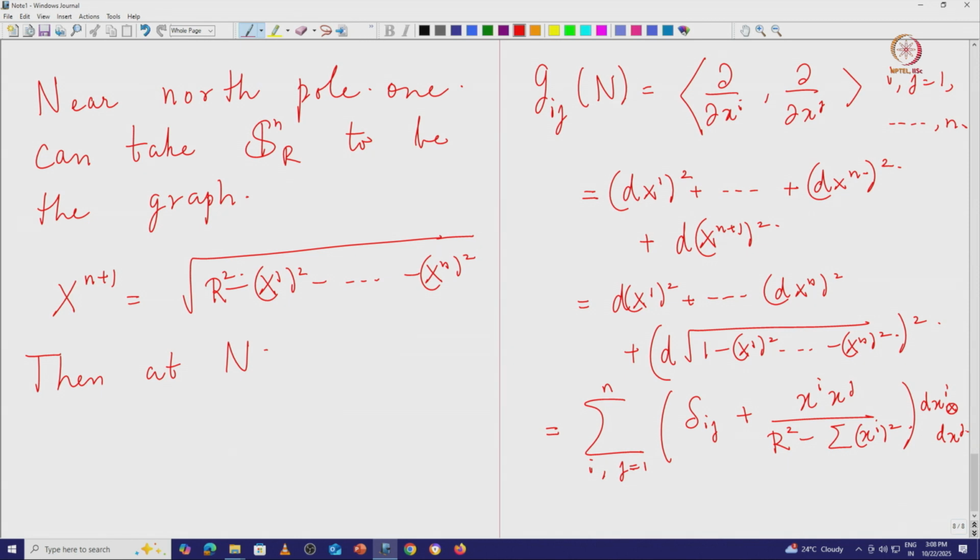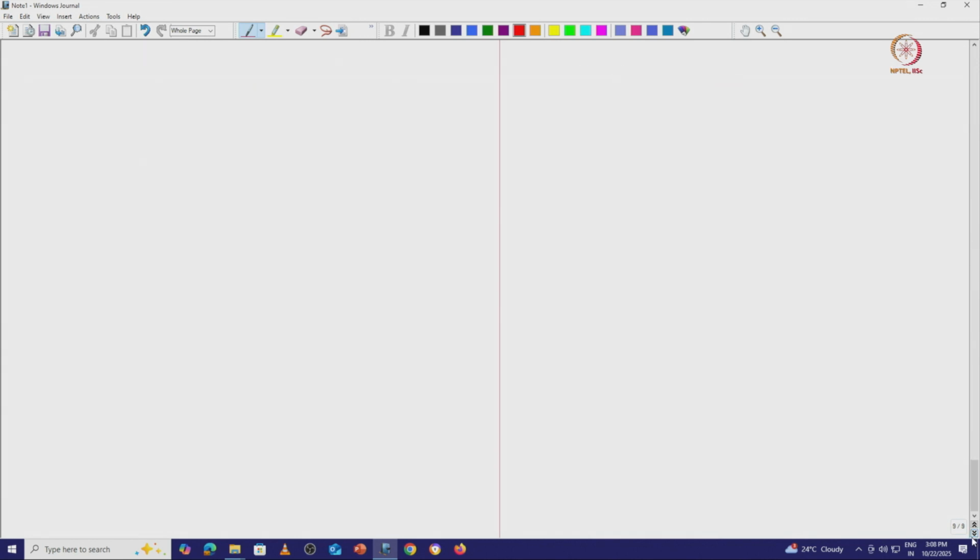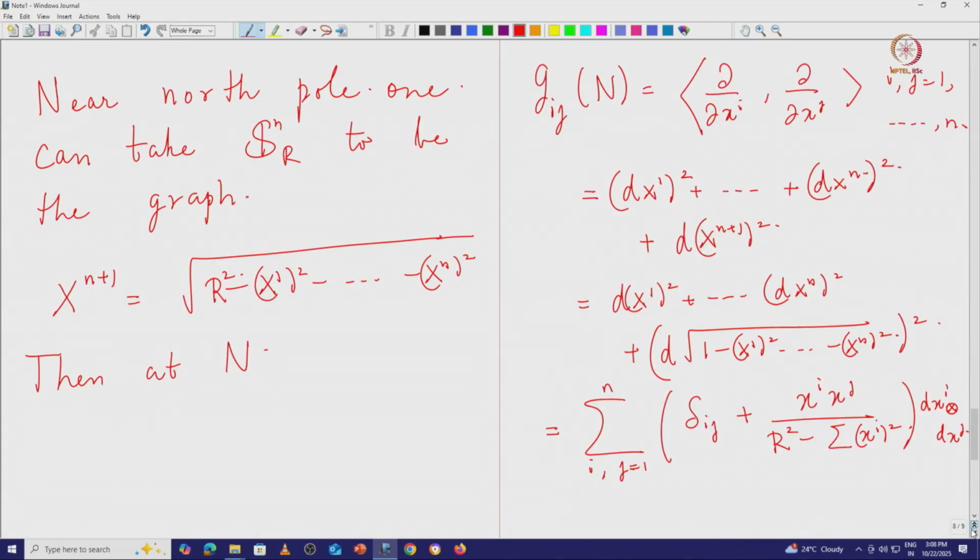Okay. So now the thing to note about this formula is that if you evaluate this at the north pole, this is simply delta ij. Sorry, I should say that at any x you have this formula.